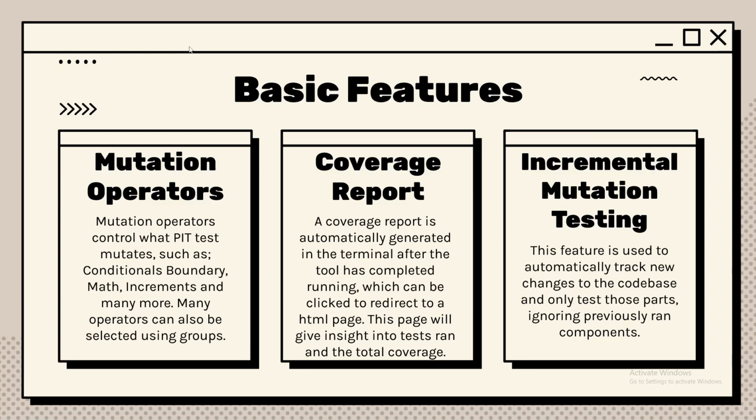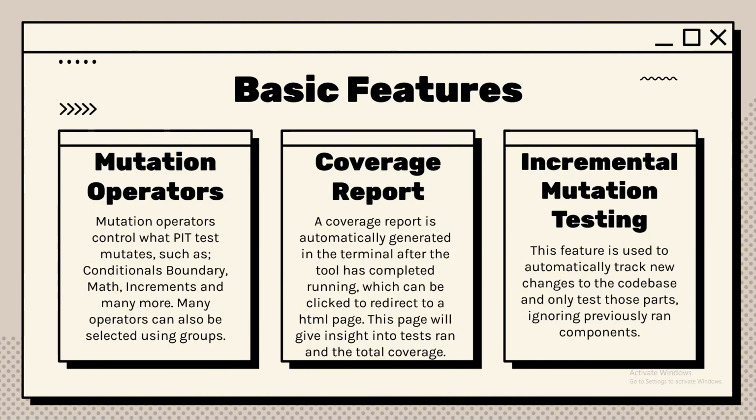So some basic features. Mutation operators control what PIT test mutates, such as conditionals, boundary, math, increments, and many more. Many operators can also be selected using groups. A coverage report is automatically generated in the terminal after the tool has completed running, which can be clicked to redirect to an HTML page.